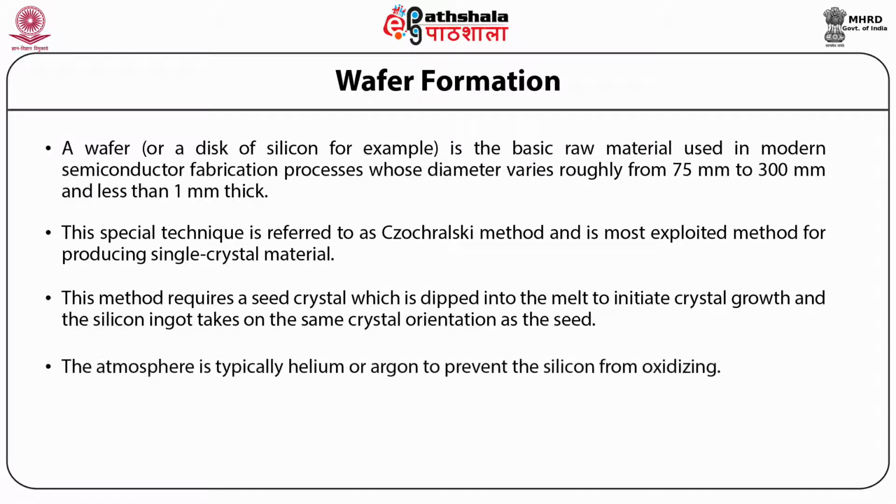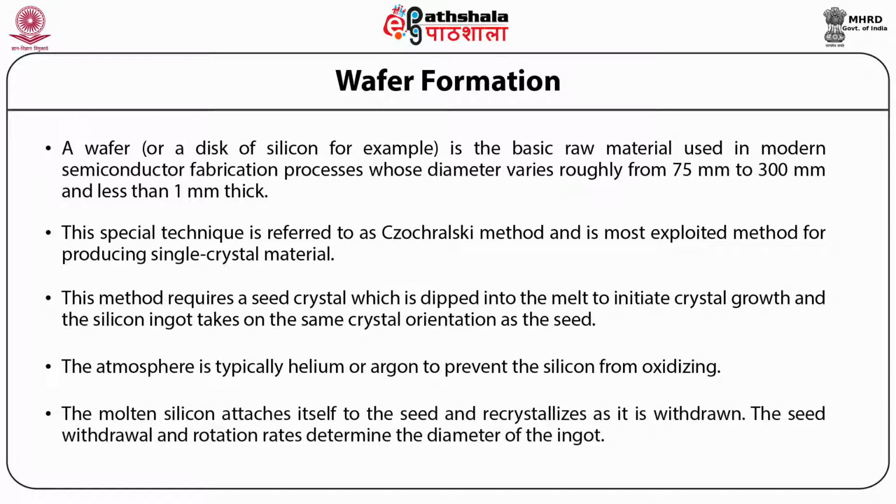The atmosphere is typically helium or argon to prevent the silicon from oxidizing. The whole assembly is rotated and simultaneously the seed is gradually withdrawn vertically from the melt. Then the molten silicon attaches itself to the seed and recrystallizes as it is withdrawn.